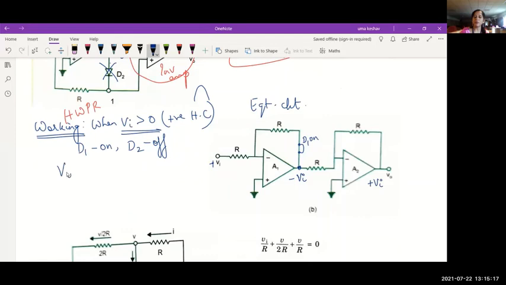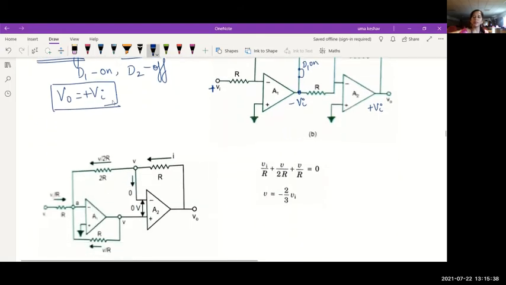So what will happen to the final output? Output follows the input. Output now becomes equal to plus Vi whenever the input is also plus Vi, even when it passes through both stages, because the diodes are conducting in this fashion. Okay. So similar to that, we can see quickly what will happen when we are in the negative half cycle.